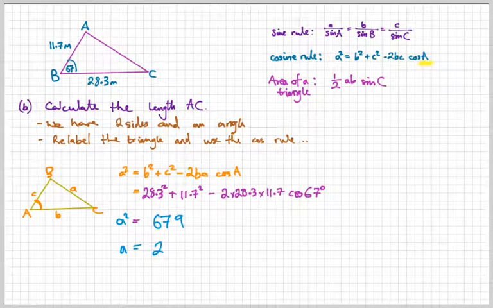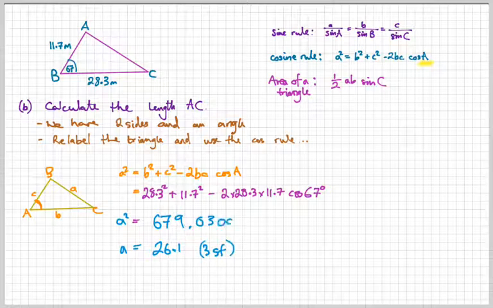Now it's not just 679, I've rounded it there, but you shouldn't round until the very end. So when you've got a squared is equal to 679 point something, you'll then square root it to find out what a is. So it's 26.1 to 3 significant figures. I'm going to write some of the other digits from a squared as well. So that's what you should get for this particular question.